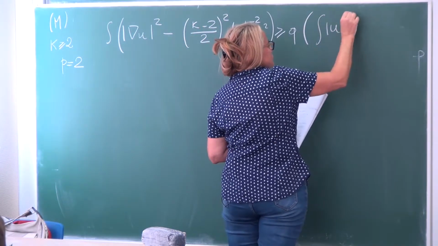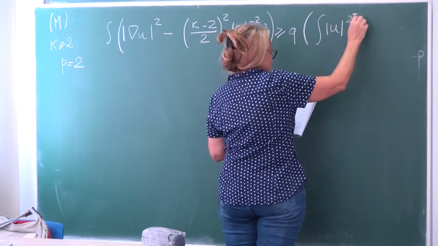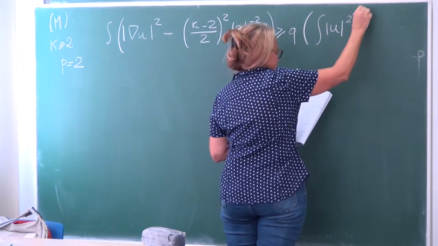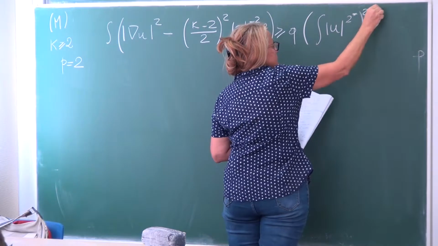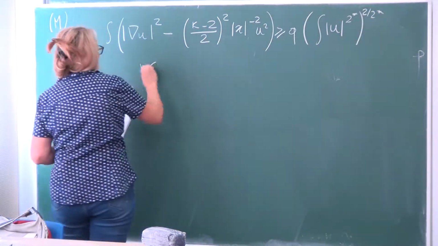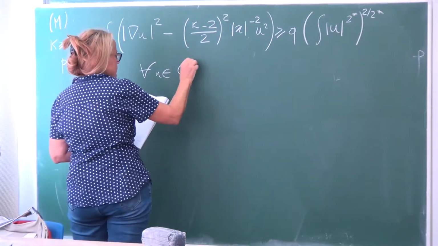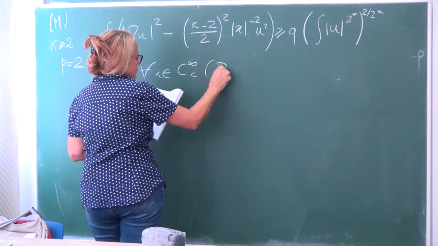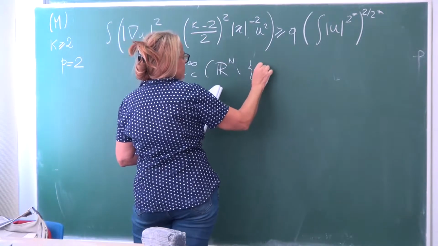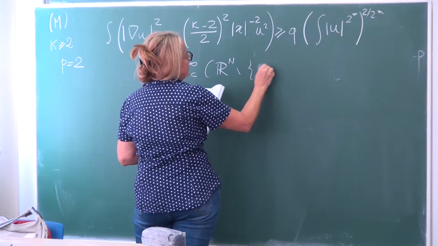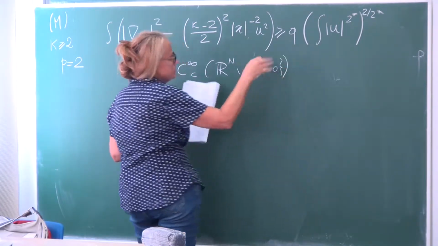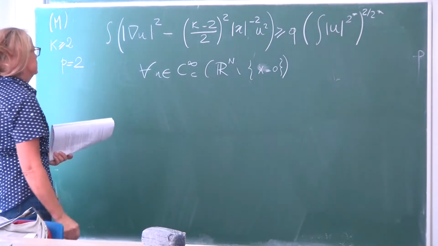You can put also sublinear, smaller exponents here, doesn't matter. This holds for any u in C infinity with compact support in R^n minus the set x equals 0, perhaps.